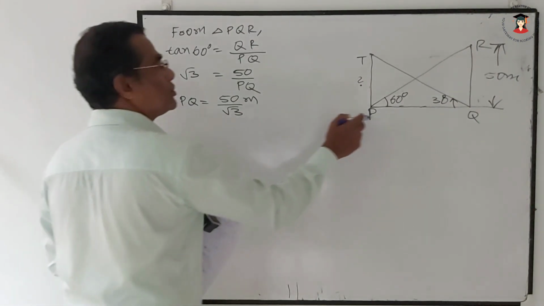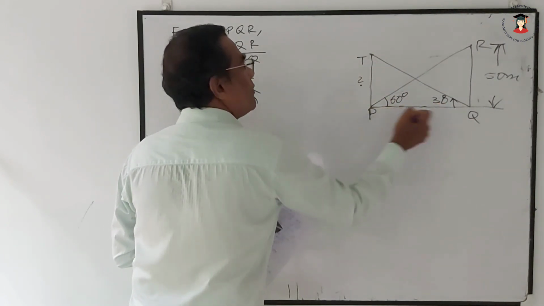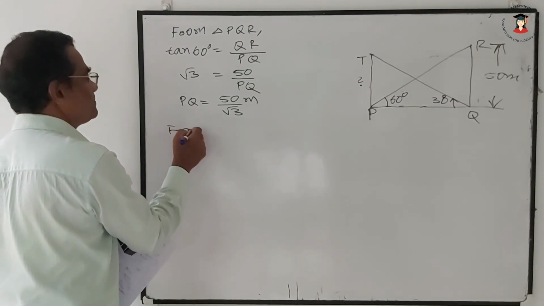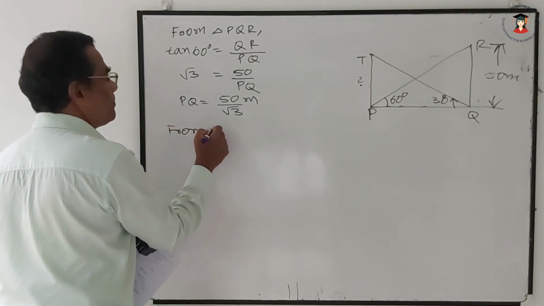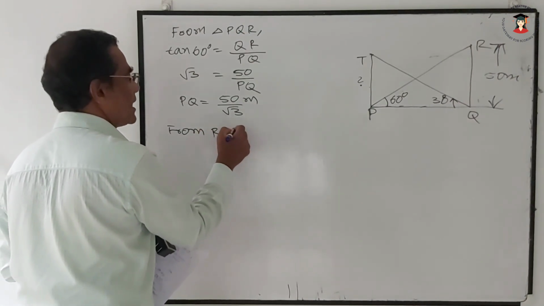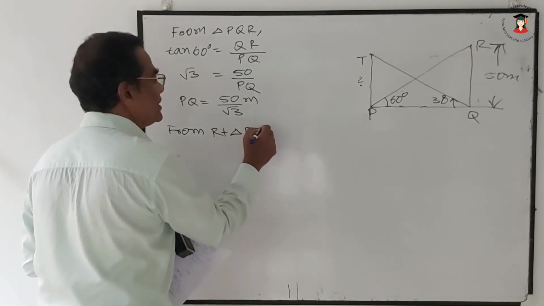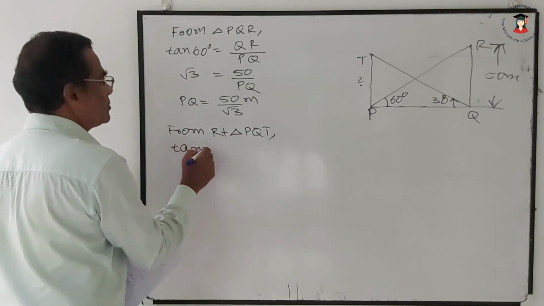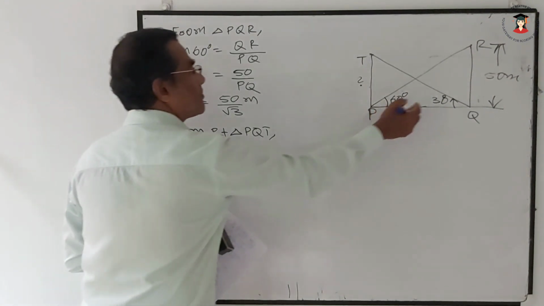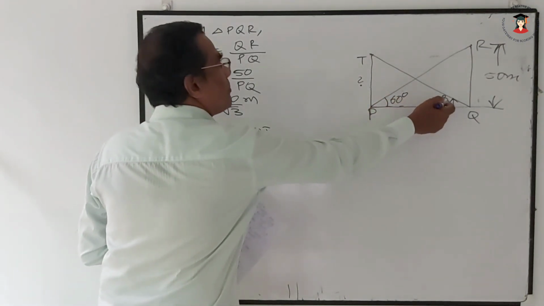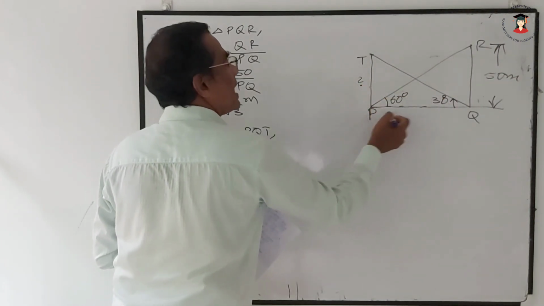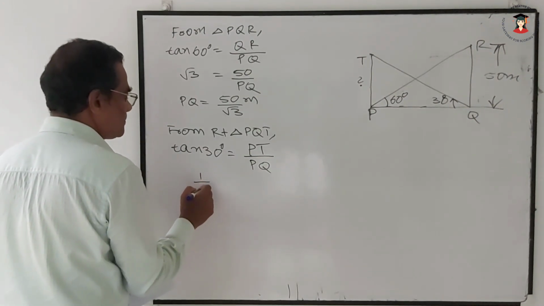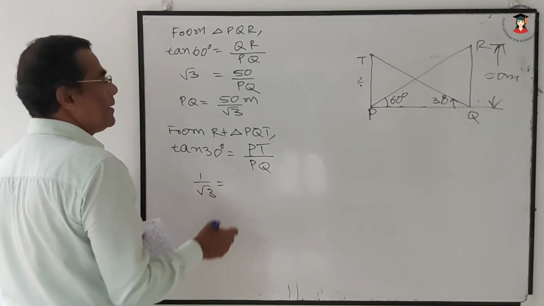So this knowledge we can use in triangle PQT. From right triangle PQT, tan 30 degree equal to PT by PQ, the opposite side of 30 degree by the adjacent side. Tan 30 is 1 by √3, equal to PT divided by PQ.